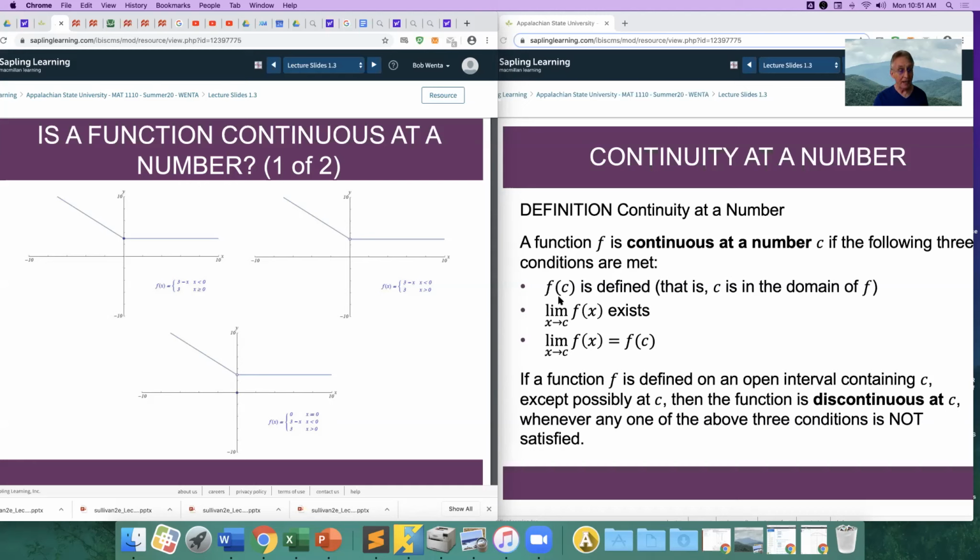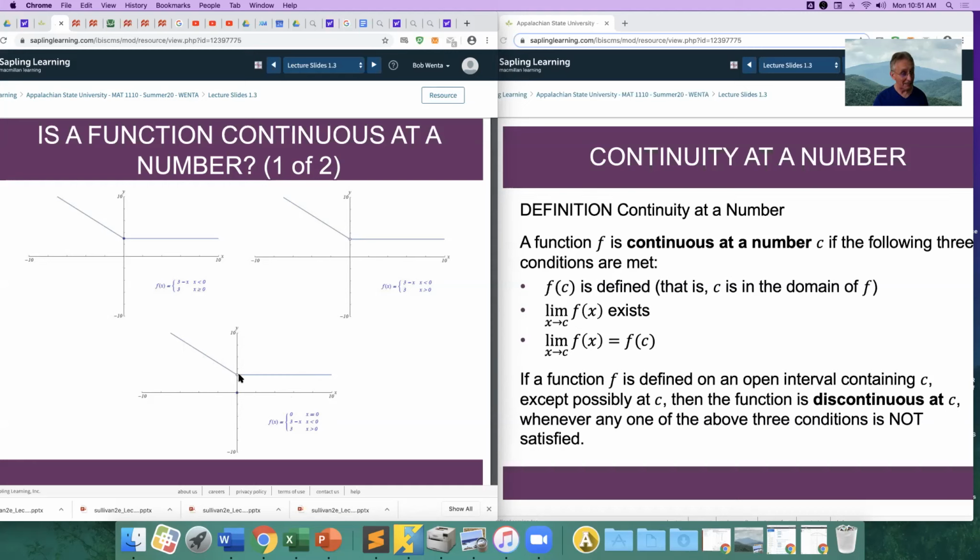Now look at the one down here. Is f of 0 defined? Yes, in this case f of 0 is defined. We've got a dot here, so we have f of 0 defined in this piecewise defined function. When x is 0, the answer is 0. Now the second condition: the limit as x goes to 0 exists. As you come in from the right, you're going to a specific spot, and as you come in from the left, you're going to the same spot.